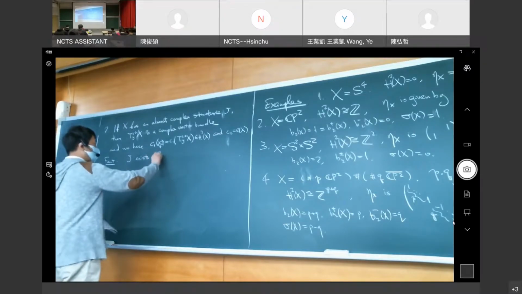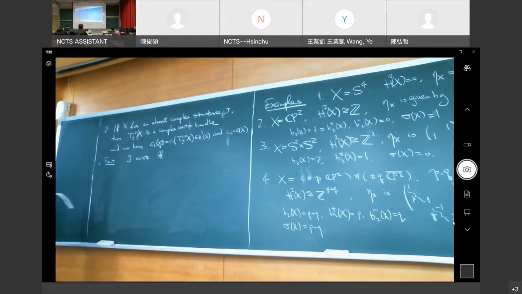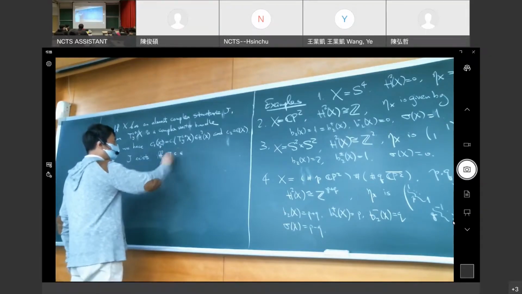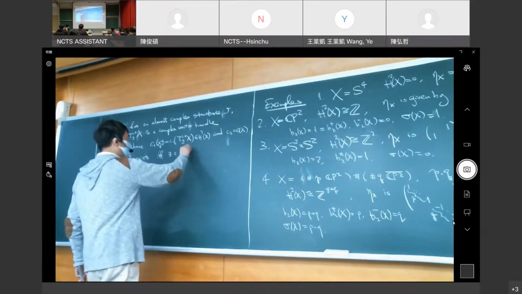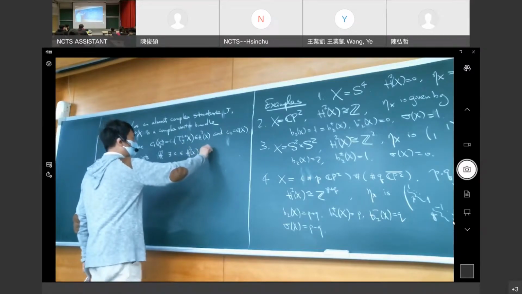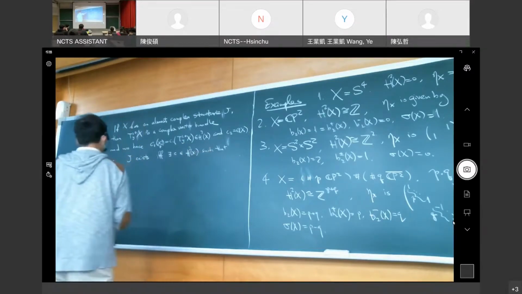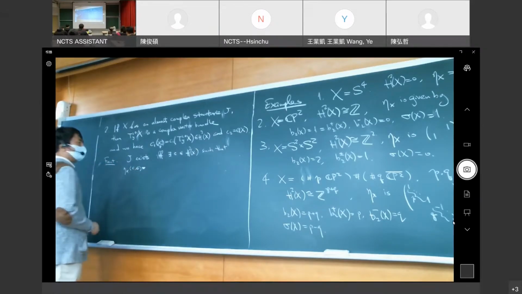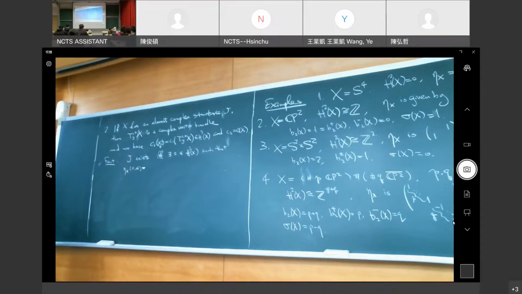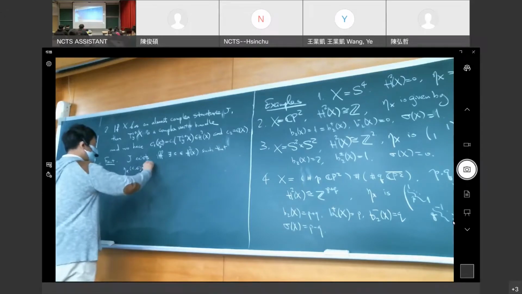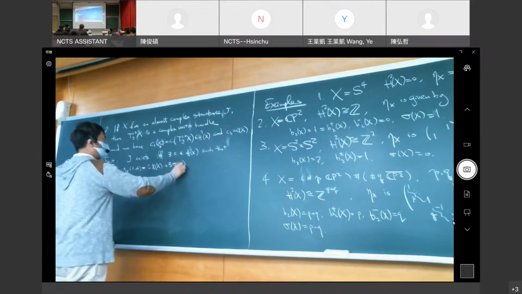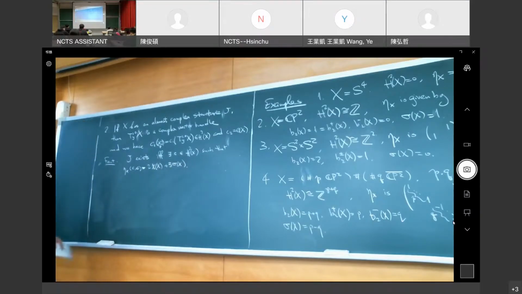There's a necessary and sufficient condition, and the condition is that there exists a C in H2 of X satisfying the following equality: η(C,C), the intersection pairing of C with itself, is equal to 2 times the Euler number plus 3 times the signature.